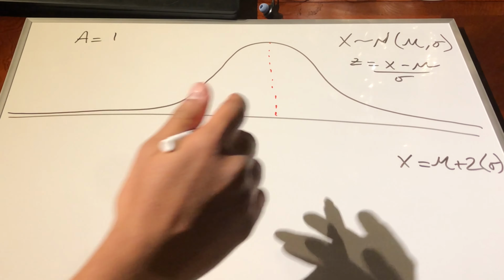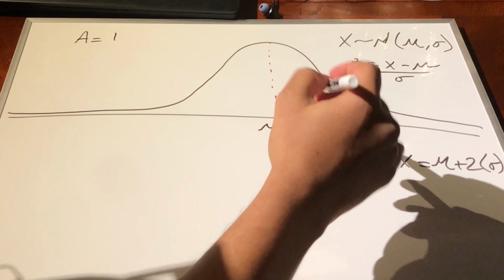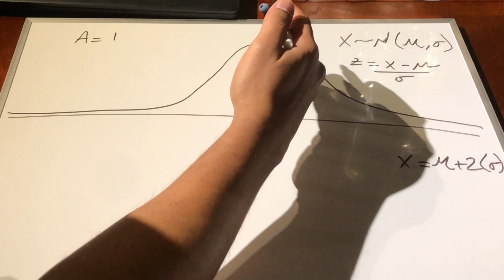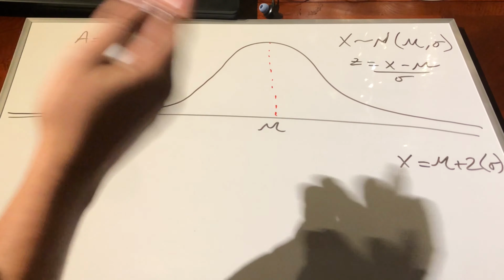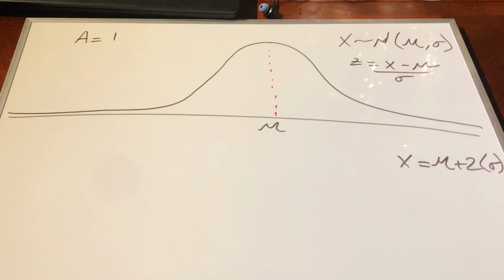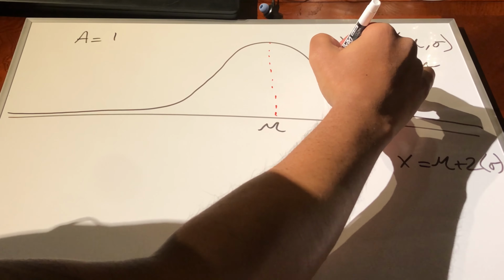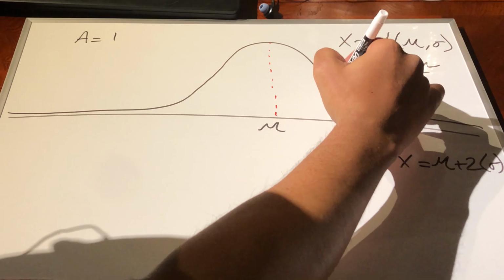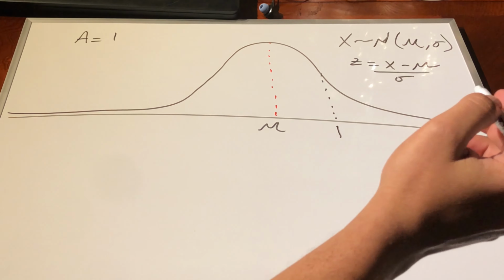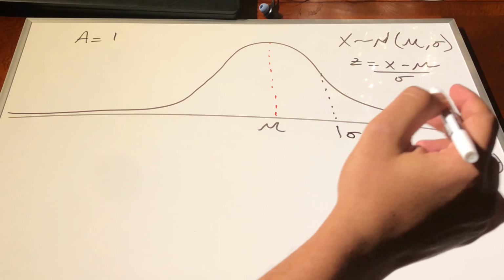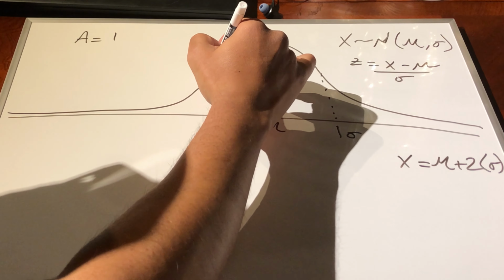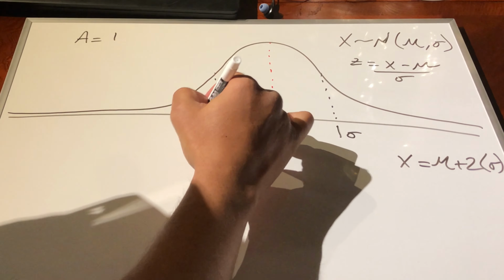When you have your mean here, your mean is the center. Anything on the right side of your mean is a positive value. Anything on the left side of your mean is going to be a negative value. And then there are divisions of your z-score or your standard deviation. One standard deviation away from the mean on your right side is represented by 1, and on your left side it would be -1.